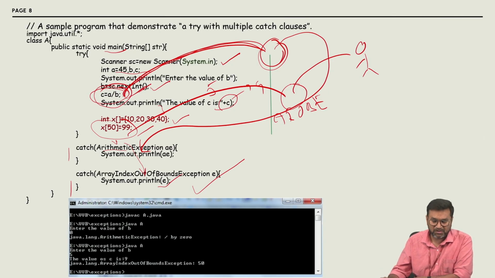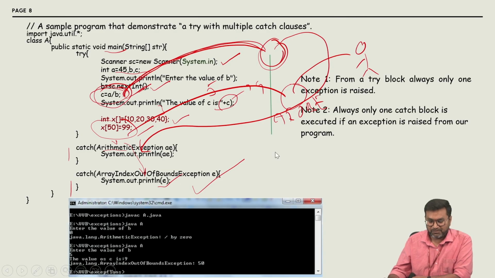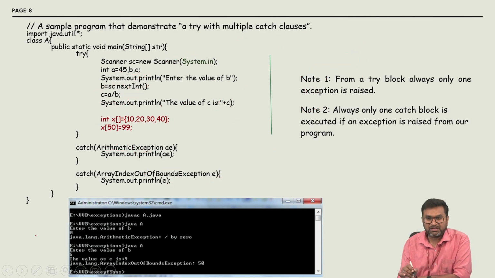Everything is provided by the corresponding handler. And if you observe, these are very important points. In this scenario, from the try block at a time, how many exceptions are going to be thrown? Only one exception. Always only one exception is going to be raised from the try block.